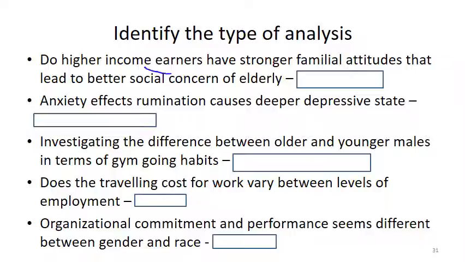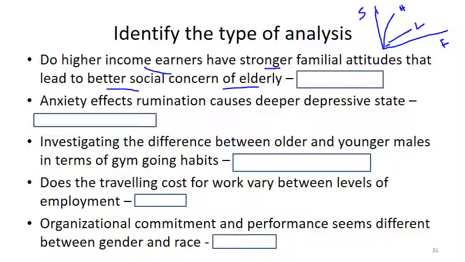Do higher income earners have stronger familial attitudes that lead to better social concern of elderly? This, we actually have a few variables here. We have familial attitudes, sorry, we have social concern and familial attitudes here, and we have income earners, high income earners, and then the low income earners, right?